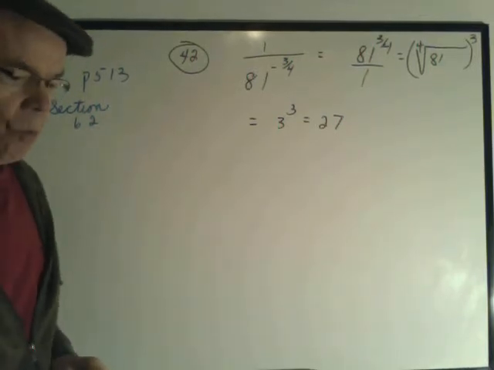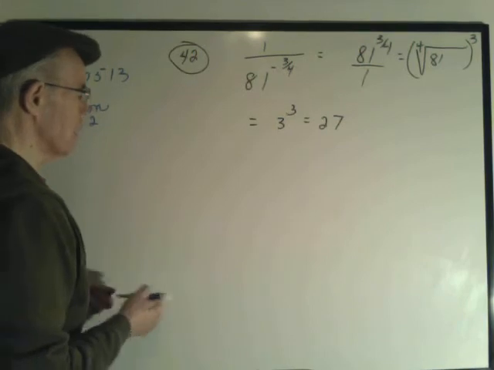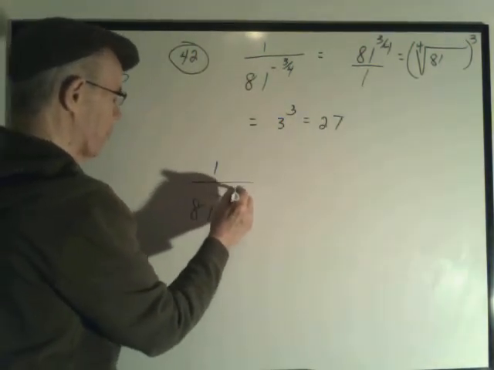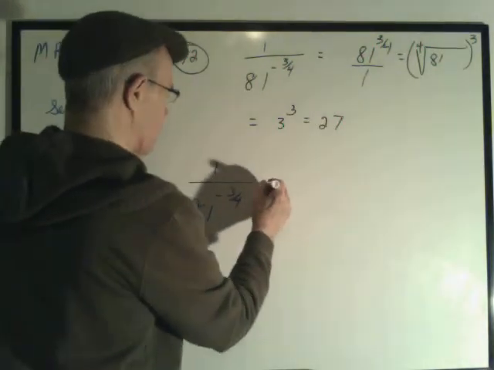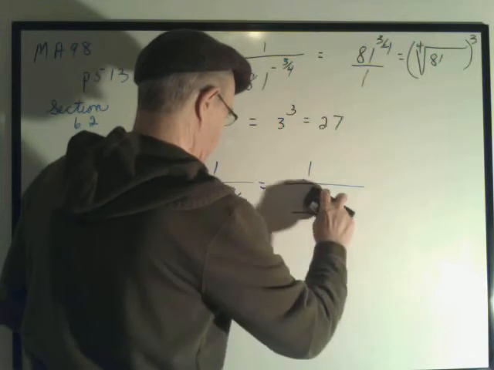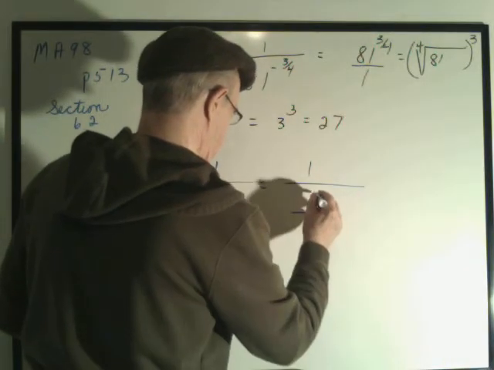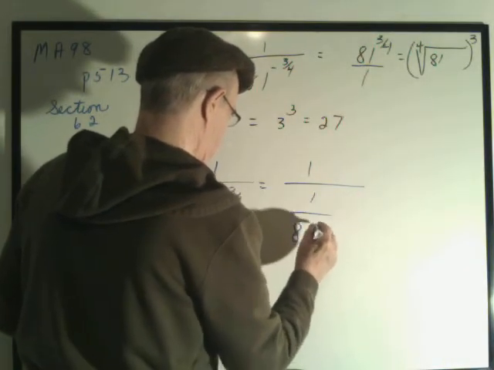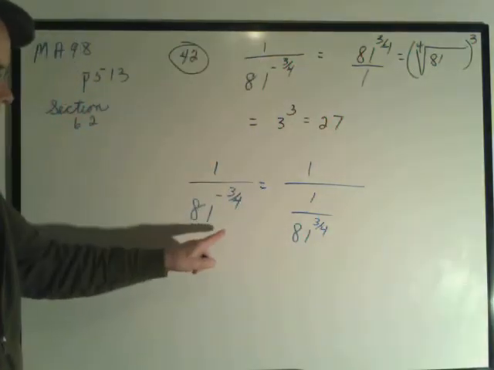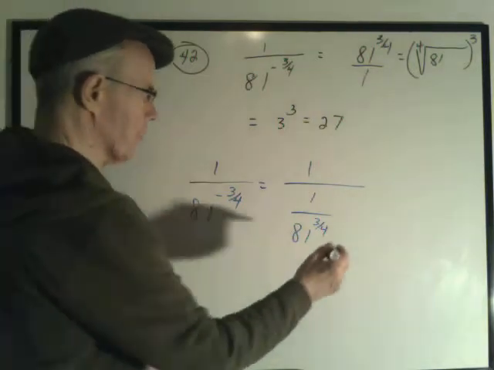Now, why does that work? Well, 1 over 81 to the negative 3/4, if I put it in the denominator, it would look like this.